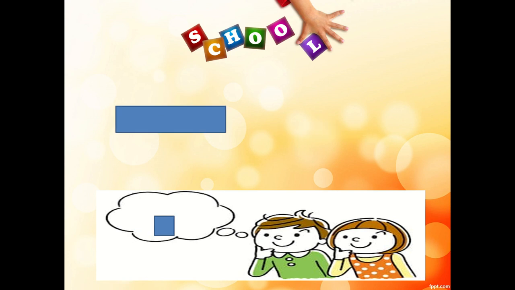Next example is, this is a square and this is our pattern block. Now, we will try to cover the rectangle with this pattern block. And let us count how many squares can we use to cover up this rectangle.